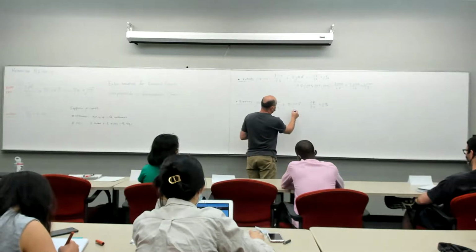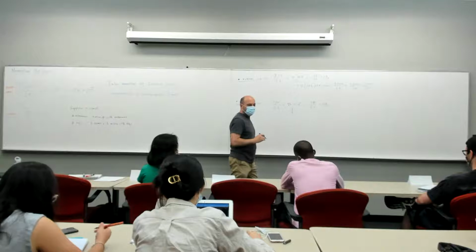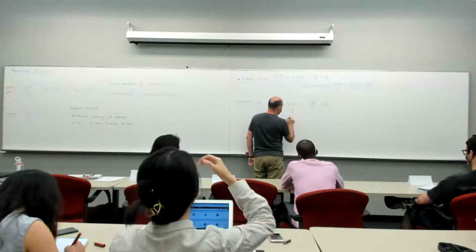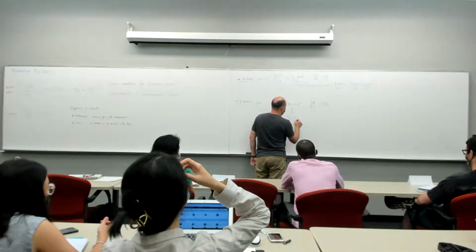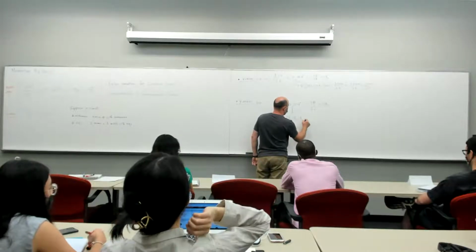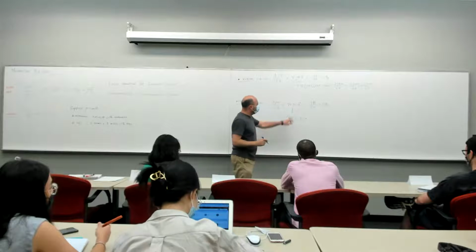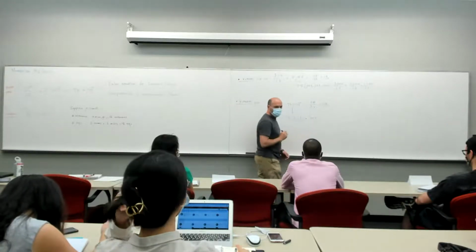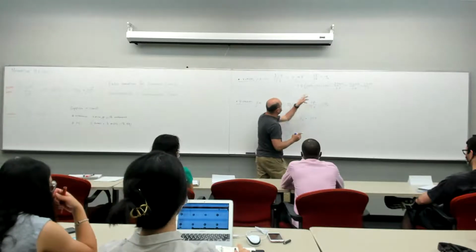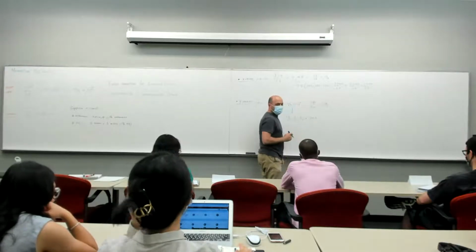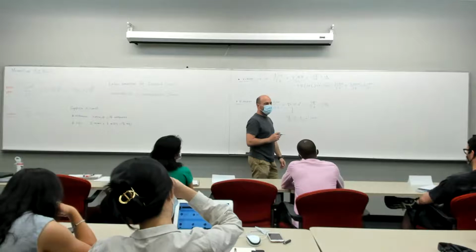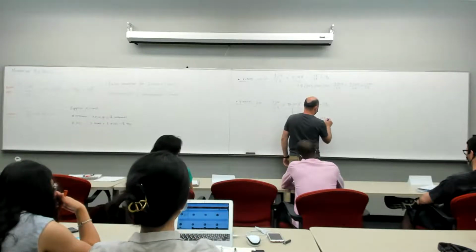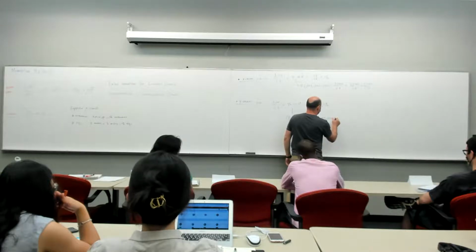Now what about this term? That's div, right? So we can write it as d/dx, d/dy, d/dz, dotted with, let's spell out the rho vu like we did here. So rho vu, rho vv, rho vw.